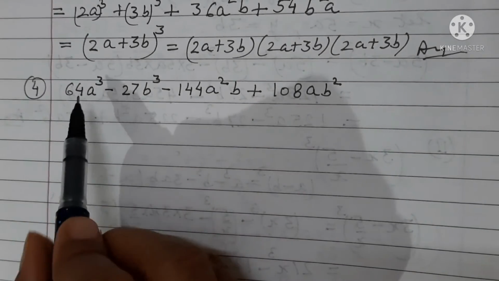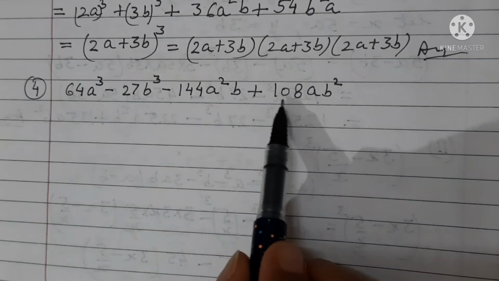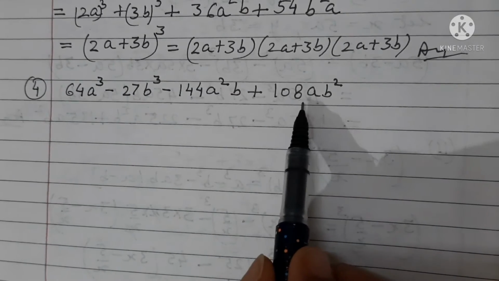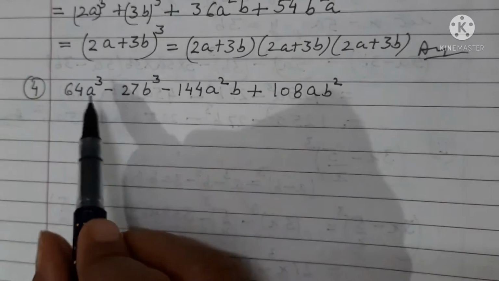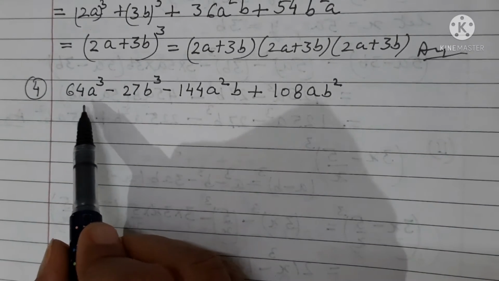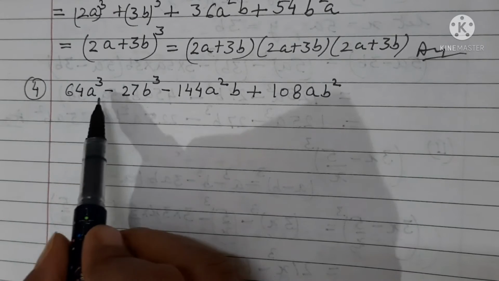Question number 4. Factorize 64a cube minus 27b cube minus 144a square b plus 108a b square. So we will try to convert it into the form of an identity.